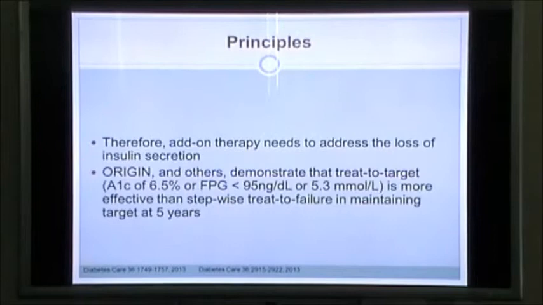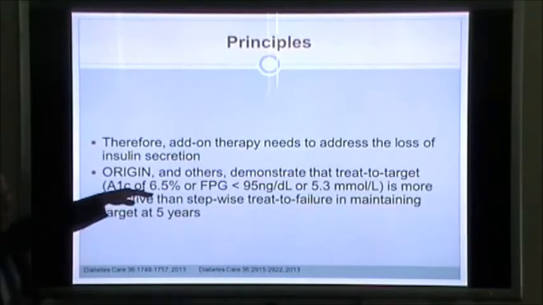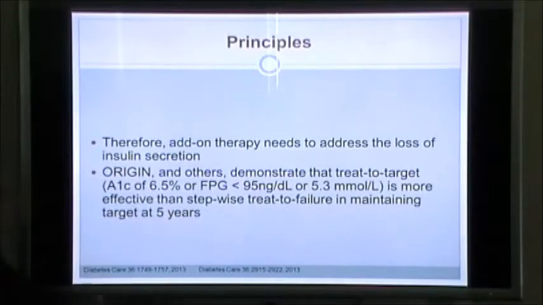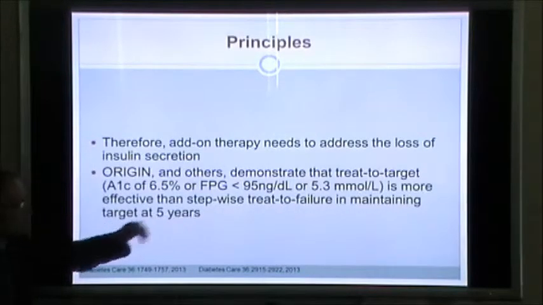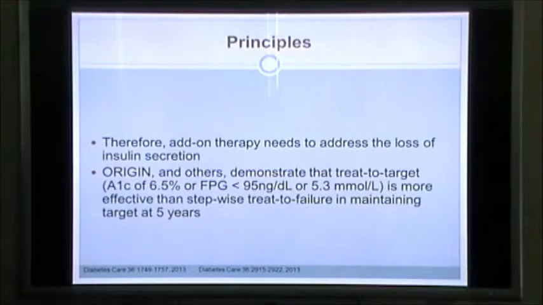Next, ORIGIN and other studies have demonstrated that treating to target, i.e. maintaining the blood sugar at your target, is more effective in the long run than stepwise treat to failure in maintaining target at 5 years. So what does that mean?